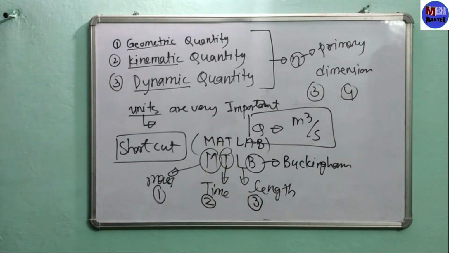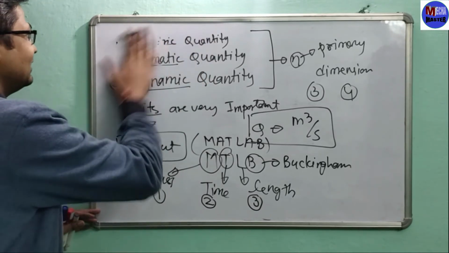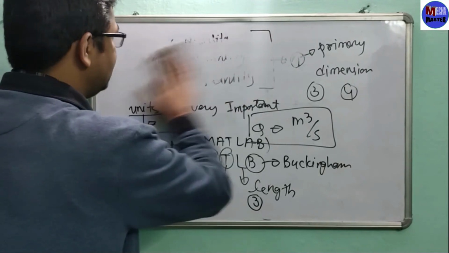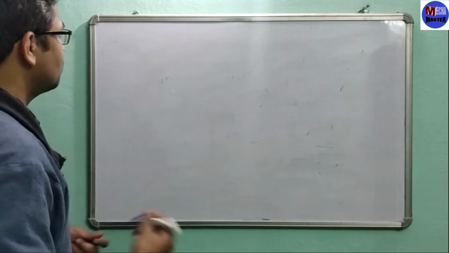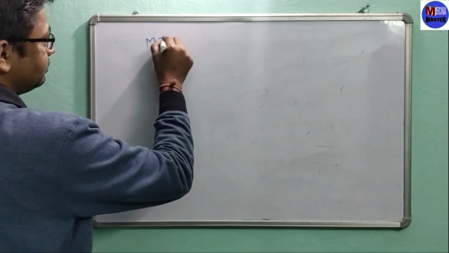Okay, now I need to erase this because the board is smaller, so I need to rub this again and again. Now what was the shortcut? Shortcut was MATLAB.